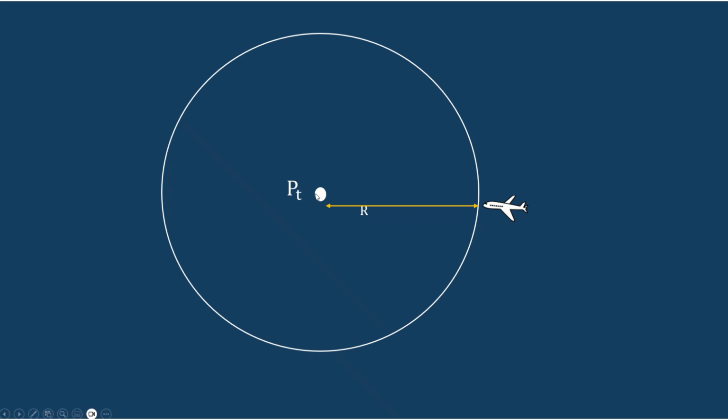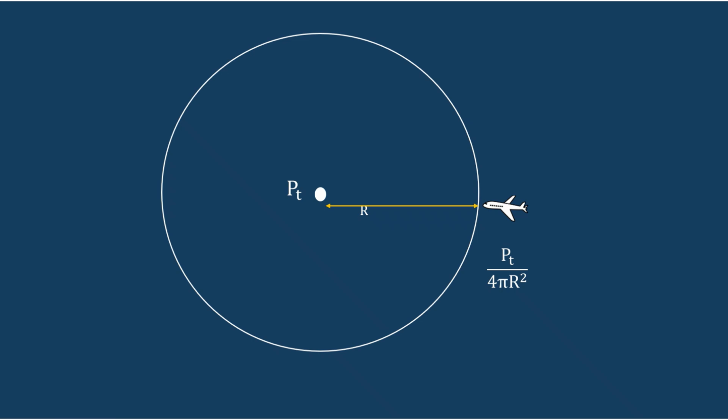If Pt is the total power radiated from this isotropic antenna and R is the distance to the target, the power incident at this place is Pt by 4 pi r square, where 4 pi r square is the surface area of the sphere, because it is an isotropic radiator. So the total power hitting the target is Pt by 4 pi r square.